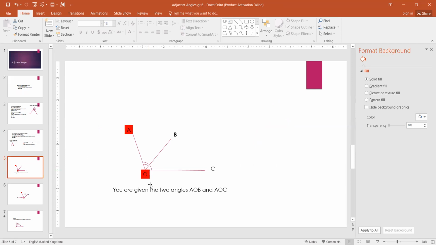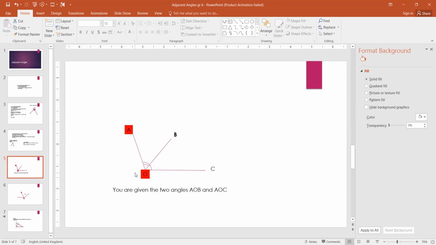Here you are given those two angles, AOB and AOC. This is AOC, and this is AOB.